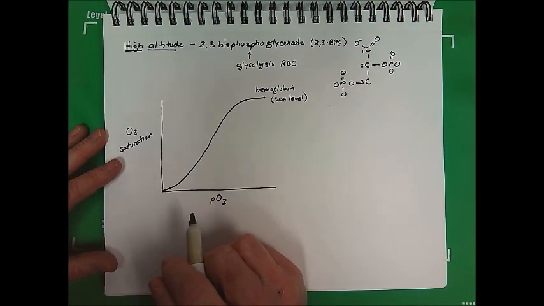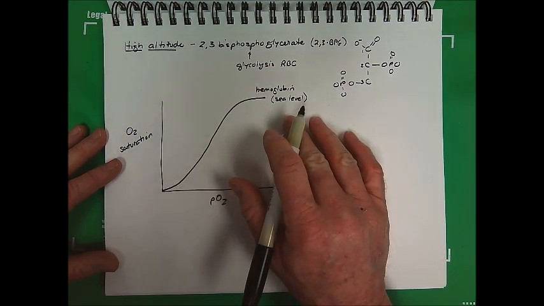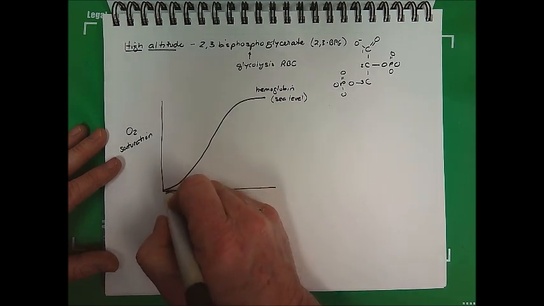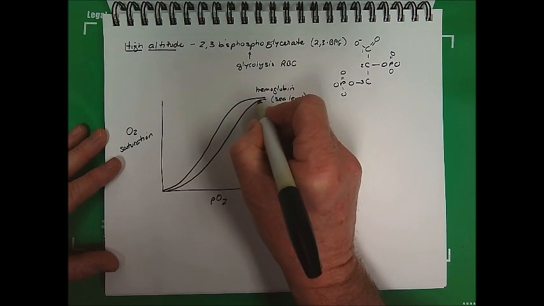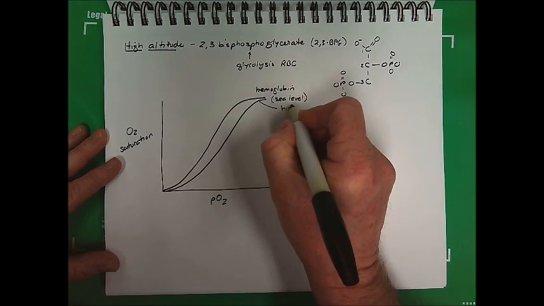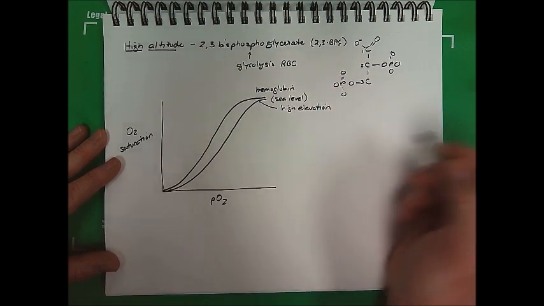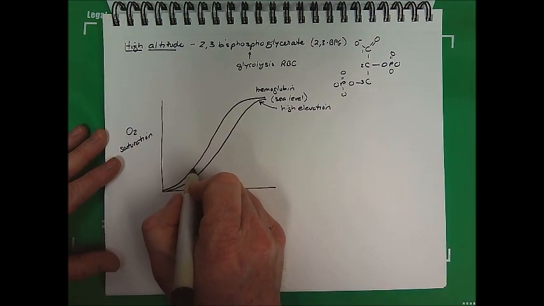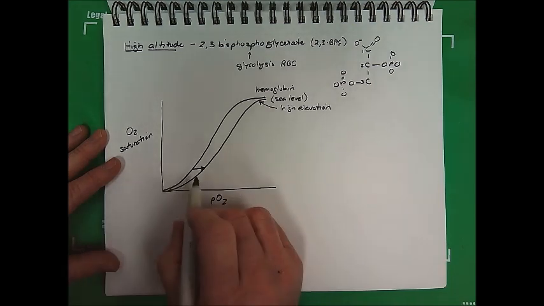Now, if we do the same reaction and measure this in an individual that has been acclimated to high elevation, we would find the curve being like this. This would be high elevation. Notice again, in a similar manner as the Bohr effect, that the binding curve for hemoglobin for oxygen is shifted to the right.